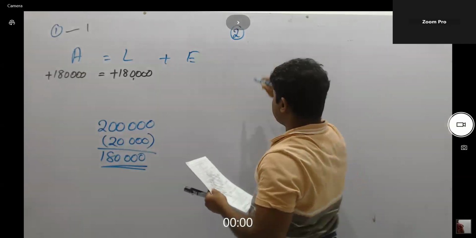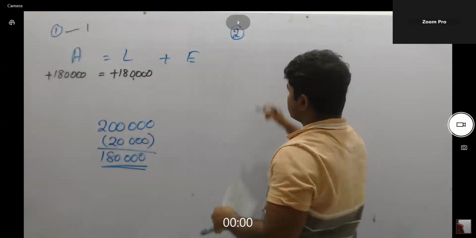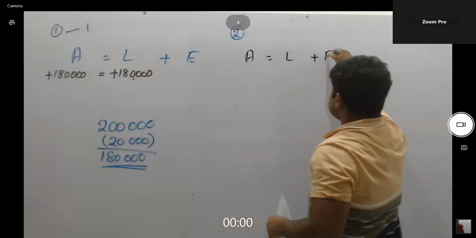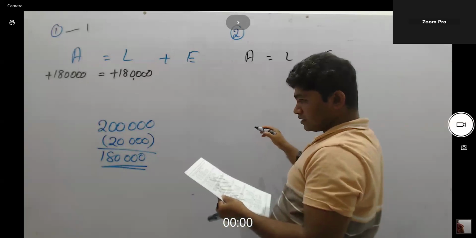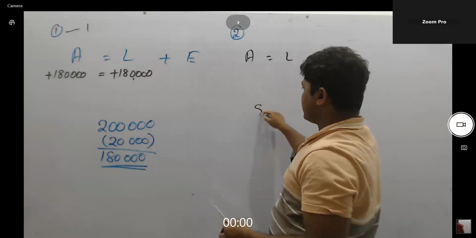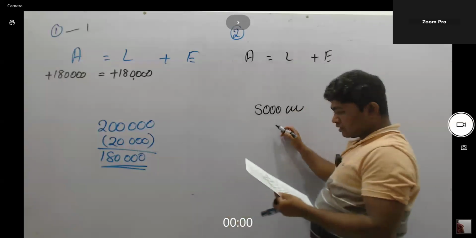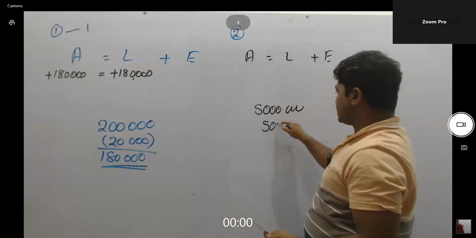The list price is given as 5 million. Assets equal liability plus equity. Same example, only the numbers change. The list price is 5 million, but the trade discount is given as 10%. Based on this value, 10% equals 500,000.